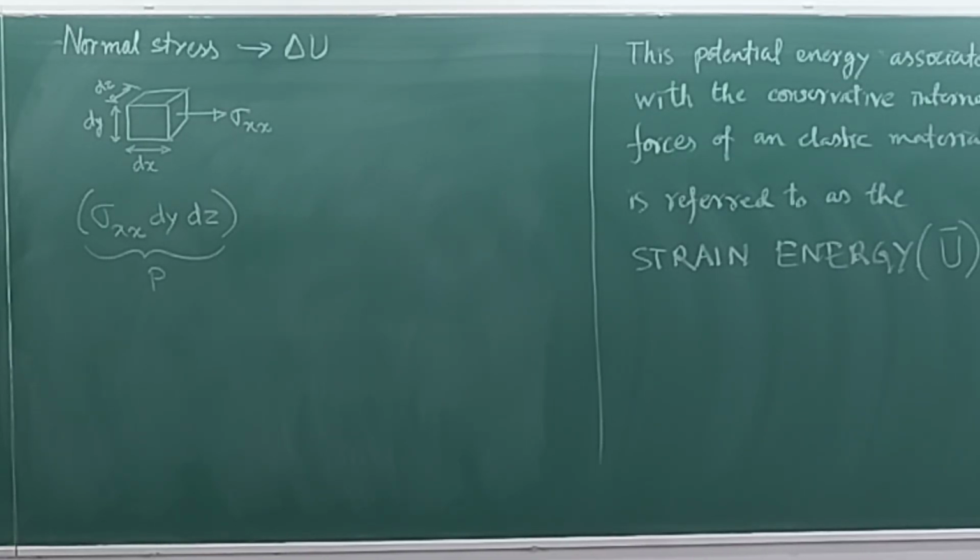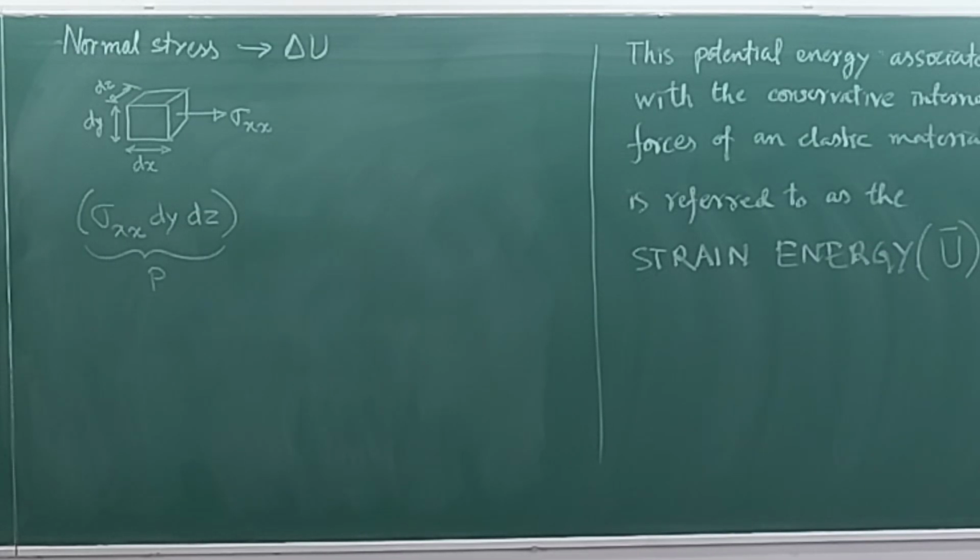What is my delta? Please be very careful. It should be in the direction of dx, but it itself is not dx, because dx is the original length. But you know what I'm asking. I'm asking you to tell me the change in the length in the direction of dx.